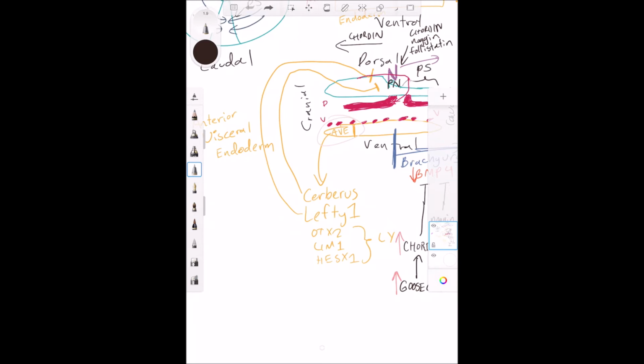Lefty 2 is also involved in the same area of signaling, but it does something slightly different. Lefty 2 is going to be more important in determining which side is left and right, although lefty 1 will have a role in right-left expression as well.